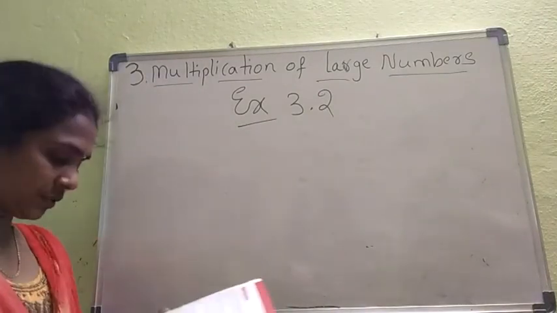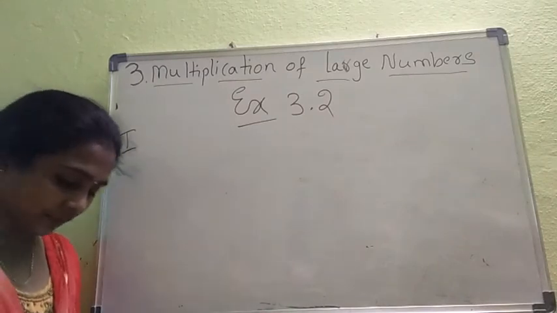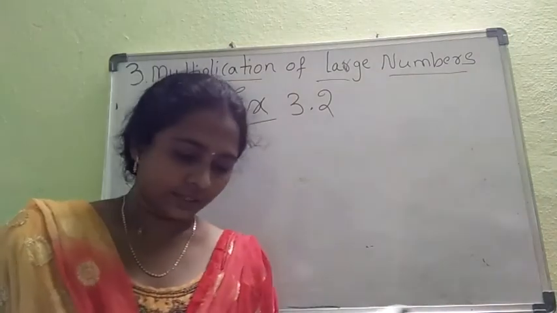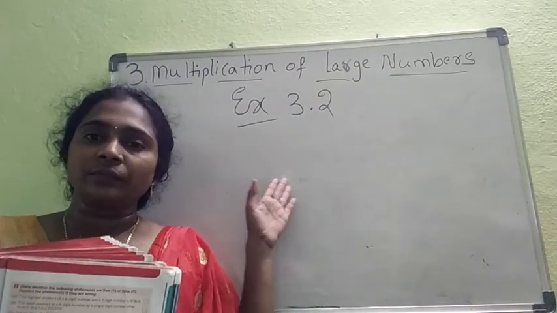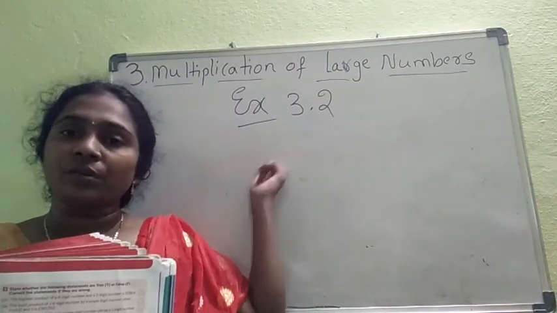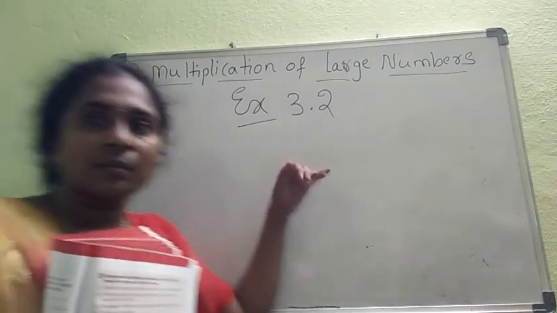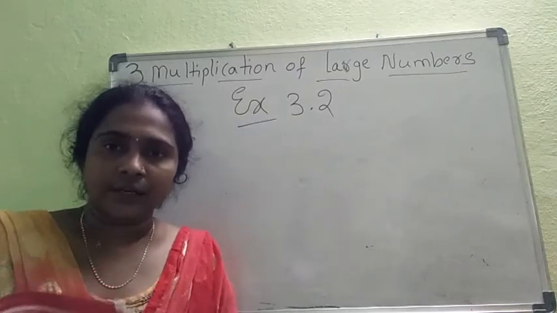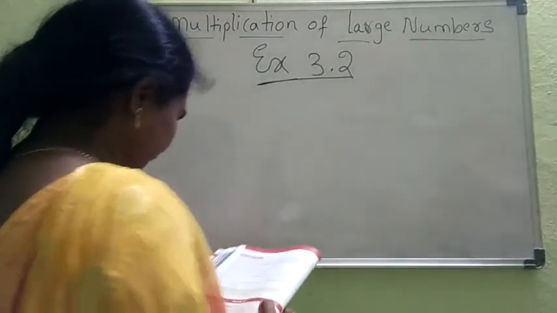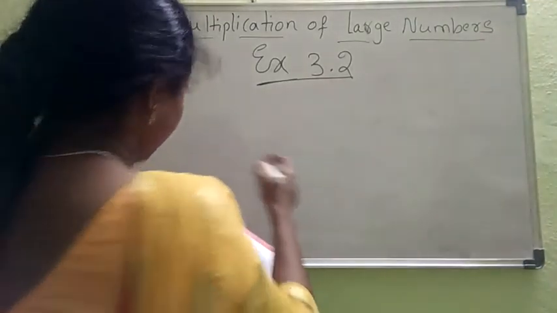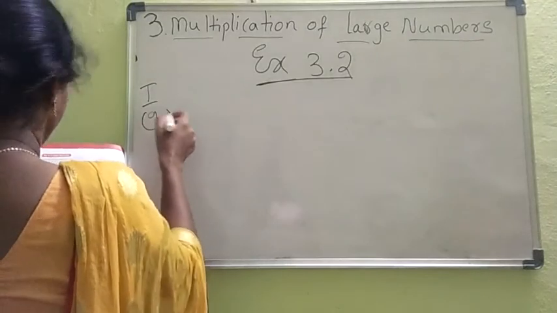In the first question, first bit in the 3.2 exercise, multiply the following numbers, right? Exercise 3.1 sums are all based on the first concept, that is multiplication of 4-digit numbers. Now exercise 3.2 sums are based on multiplication of 5-digit numbers, right?